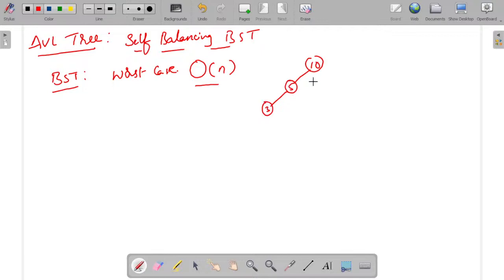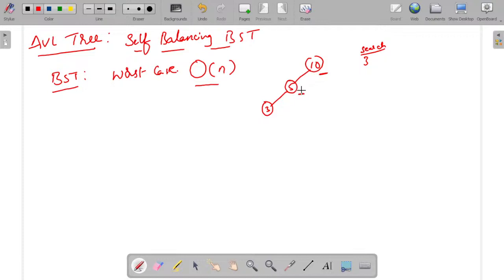So if this is how the tree is, then the balance factor or the height of the tree is not actually equally balanced. So in this case, if you would like to search 3, right? So if someone is asking you to search 3, so the number of comparisons that we are going to make here is 3. So for example, first we will search with this root node, and then since 3 is smaller than 10, we are going to go check with 5.